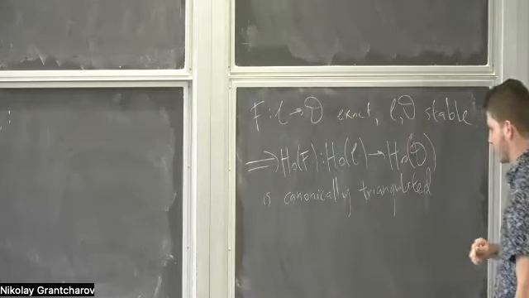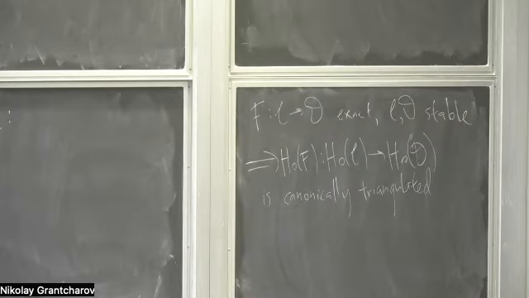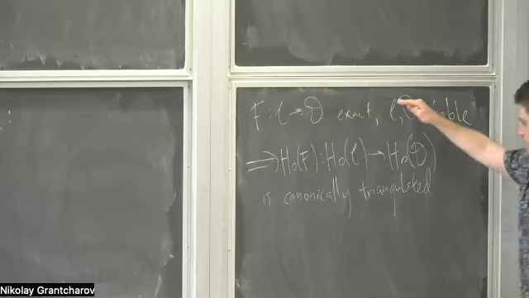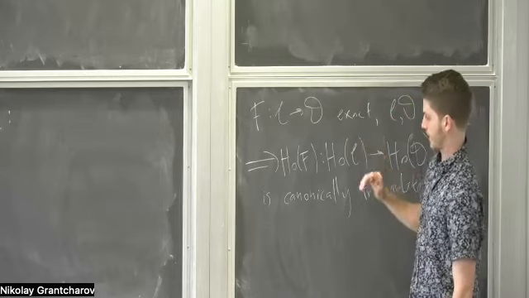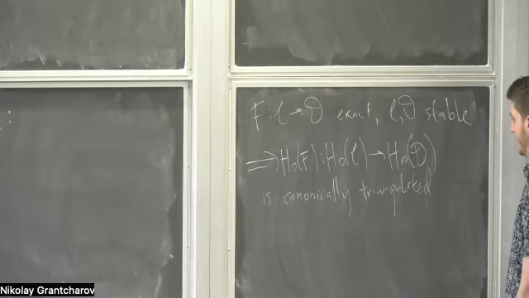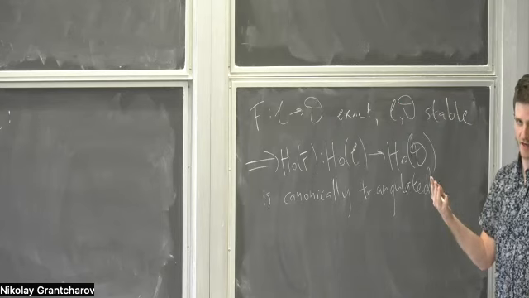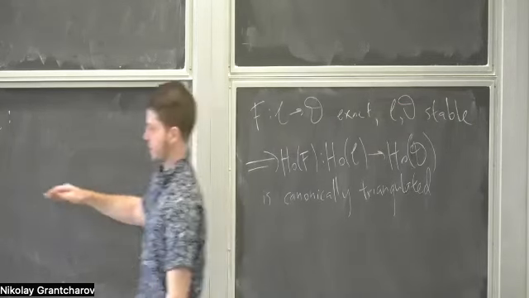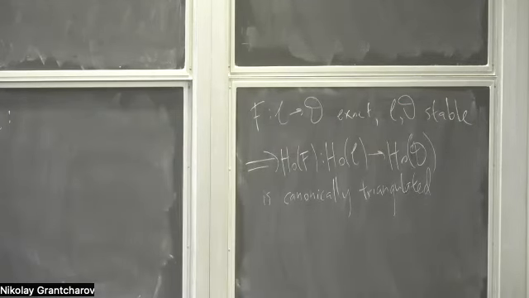In ordinary category theory, being triangulated is a structure, right? This is another place where you see how nice stable categories are, because in the world of stable categories, being exact as a condition on the level of homotopy categories, you can endow with a triangulated structure, which remember means in particular that it sends exact triangles to exact triangles. So that's basically what you think about this condition of being exact: it sends exact triangles to exact triangles.